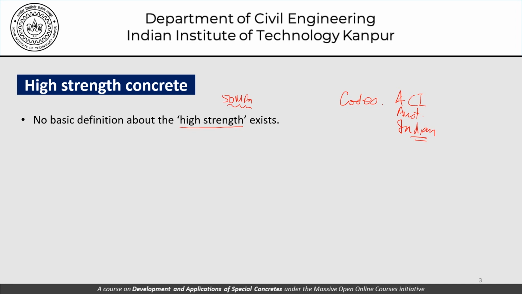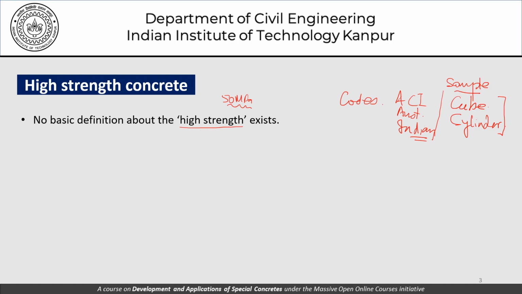It is also important to keep in mind that different standards use different sample geometry. Some of us use cubes, some of us use cylinders, and it is not possible to directly compare the strength obtained from a cylinder and a cube.